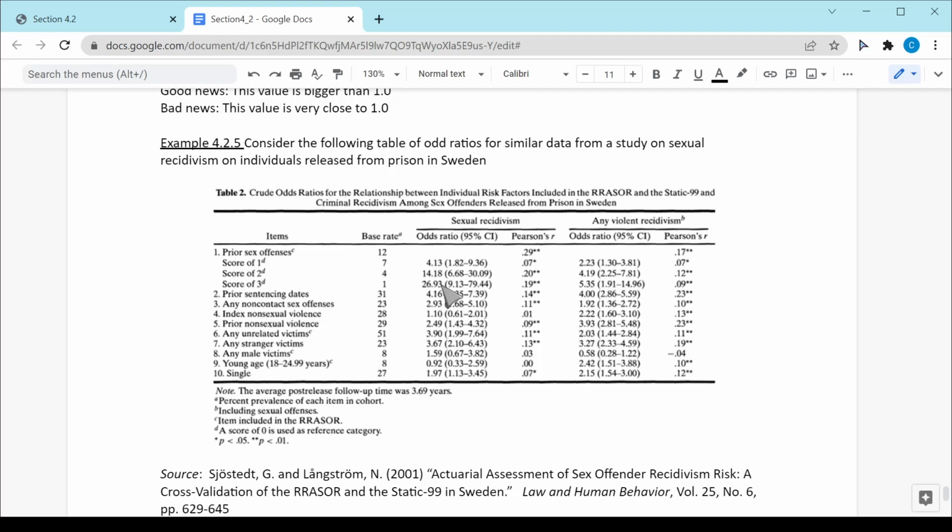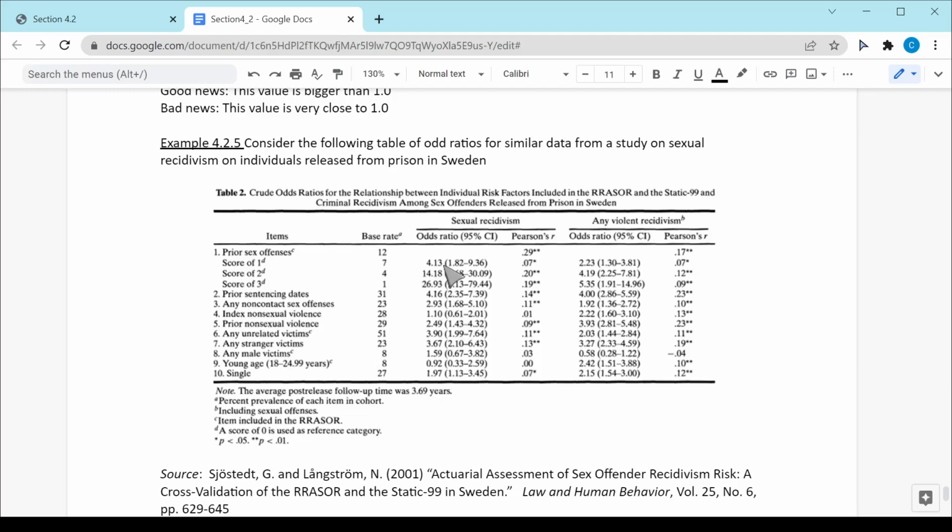That's a lot. So when we go to release a level 3 sex offender, what that's saying is their odds of recommitting another sex crime, at least in Sweden, are really high. So we want to be very, very careful when we release a level 3 sex offender back into society. I don't have these numbers for the United States, but I'm sure they're similar.